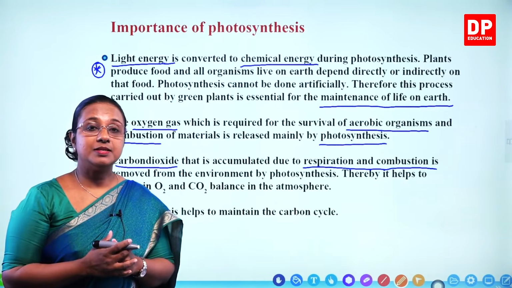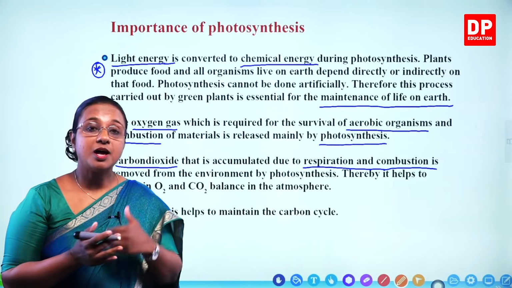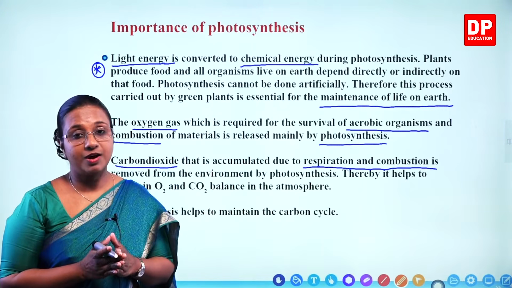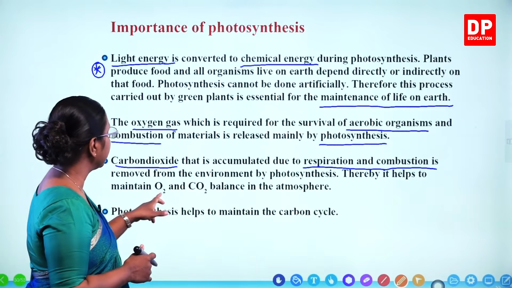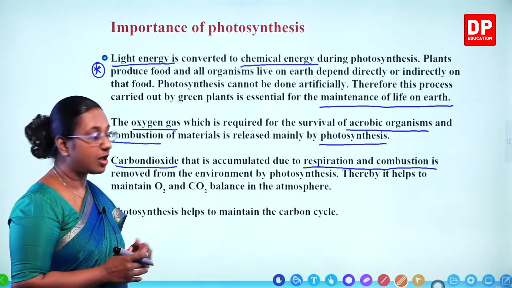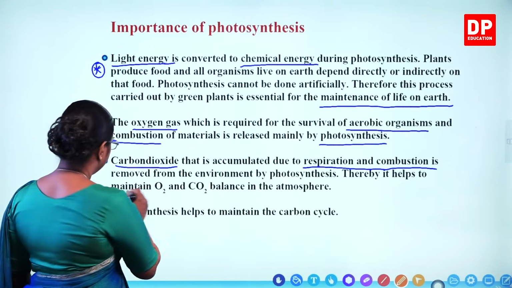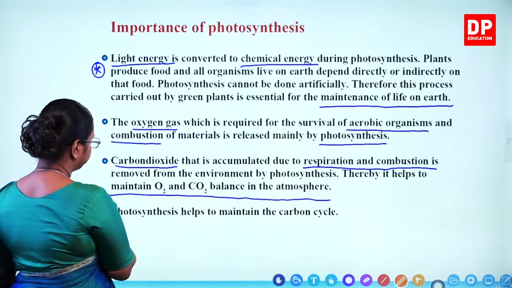So what happens is when photosynthesis takes place, carbon dioxide is removed and oxygen is added to the environment. Therefore, it helps to maintain oxygen and carbon dioxide balance in the atmosphere. So it helps to maintain this balance.